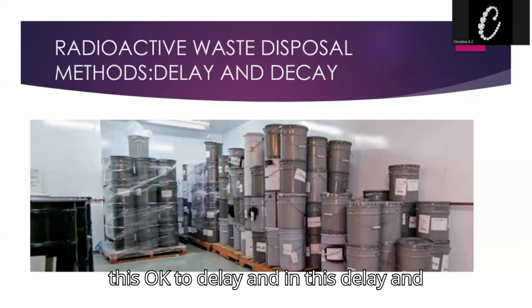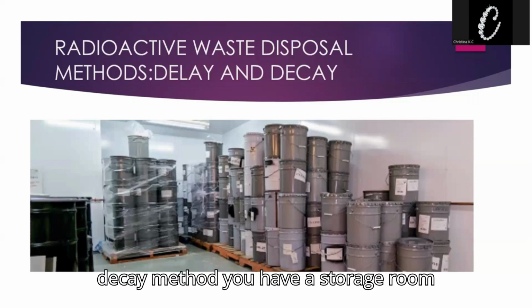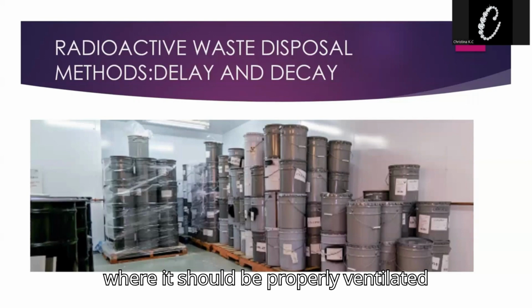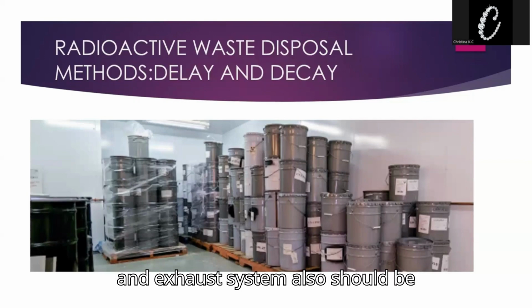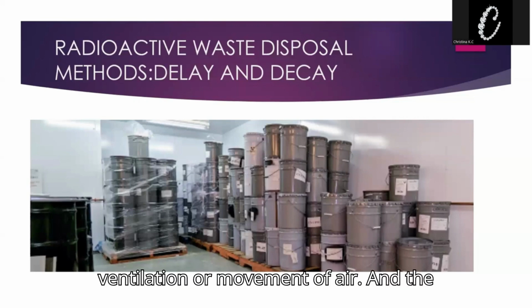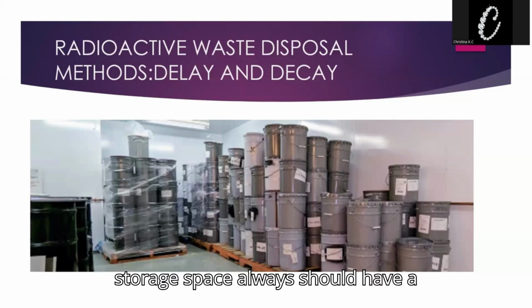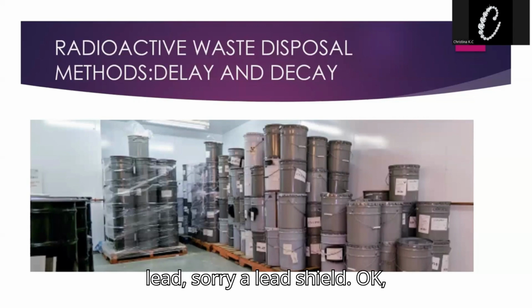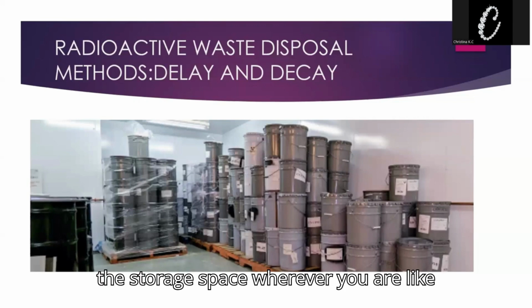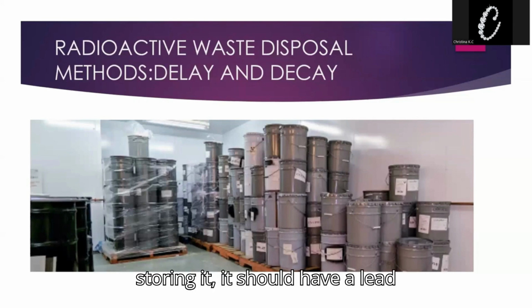In this delay and decay method, you have a storage room which should be properly ventilated, and an exhaust system should also be there for proper ventilation or movement of air. The storage space should always have a lead shield, with a proper thickness, mainly to prevent radiation leakage.